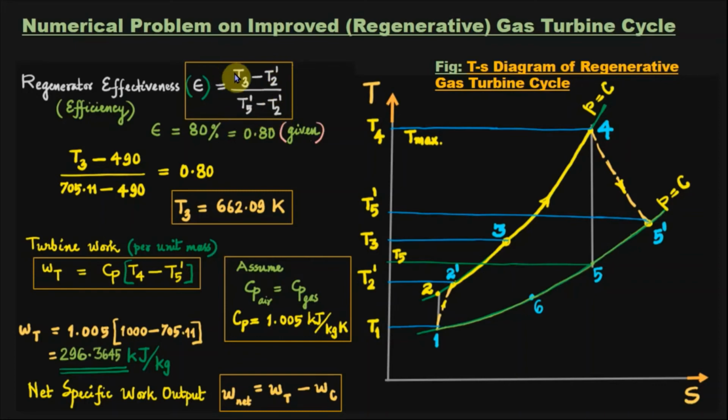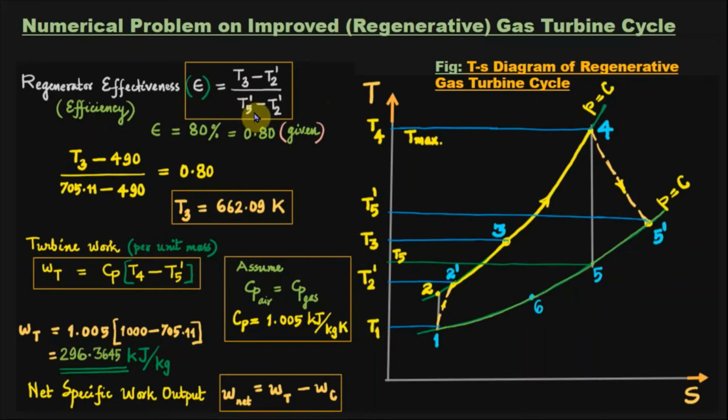Cp from both numerator and denominator gets cancelled from the expressions representing actual heat transfer in the regenerator divided by maximum possible heat transfer that is ideally possible in the regenerator. So the effectiveness epsilon for the regenerator is given by (T3 - T2 dash) / (T5 dash - T2 dash).